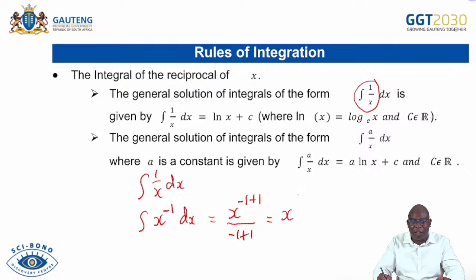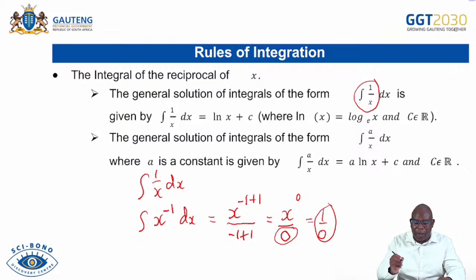Now we have a challenge. You can see I've got a division by 0, which is not allowed in mathematics. Technical maths. So now we have x to the power 0, which is going to be 1 all over 0, and we don't allow such in our technical maths. In this case, it's undefined.